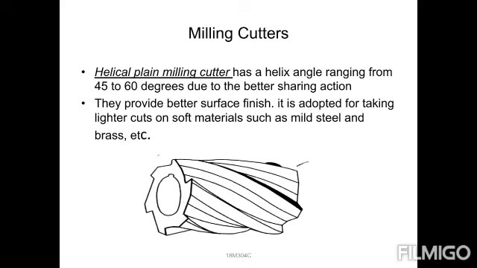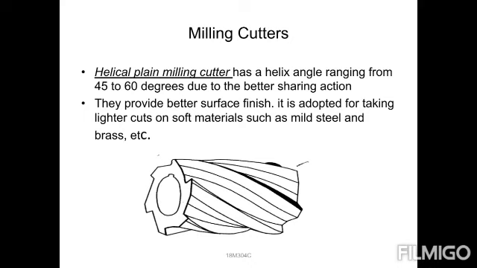Before, the heavy duty milling cutter has an angle of teeth of 25 to 45 degrees, and next, the helical plain milling cutter has an angle ranging from 45 to 60 degrees due to the better shearing action. What is the main advantage? Better shearing action.